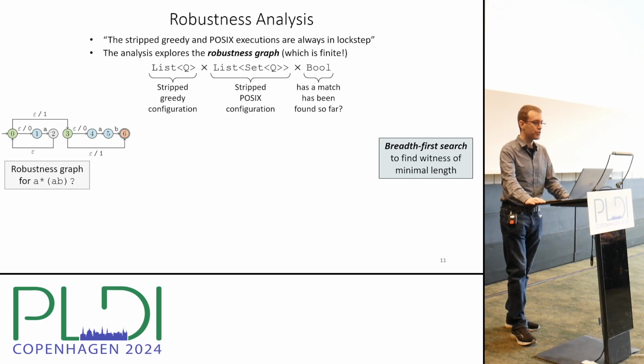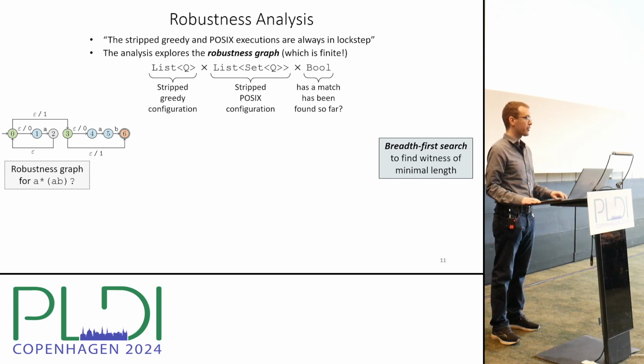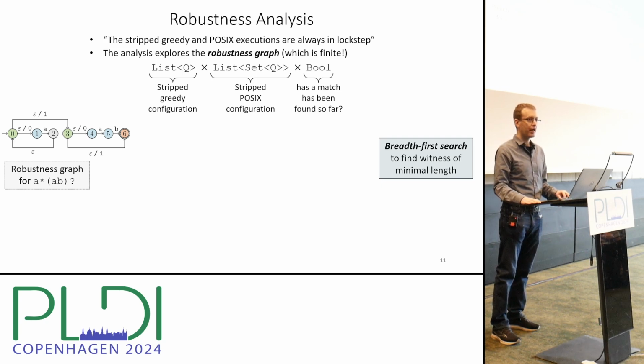So let me use the example of the GNFA for the regular pattern A star AB option in order to illustrate the exploration of the robustness graph. And in particular, I will be using breadth first search because I would like to find a witness of non-robustness that is of minimal length, if one exists.